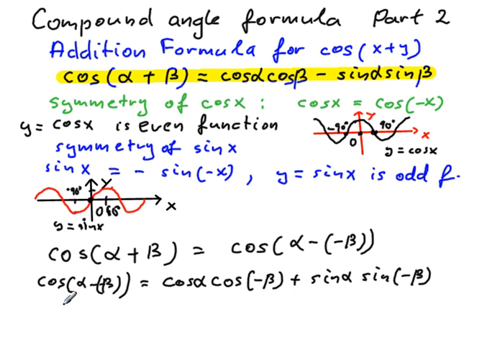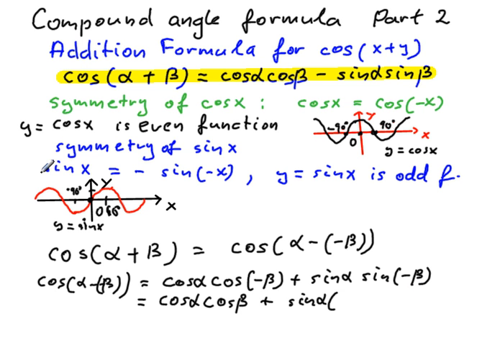Okay, so the next step: cos of a negative value is equal to cos of the positive value, so we can replace cos negative beta with cos beta. So cos alpha stays like so, times cos beta, plus we can copy sine alpha, and now sine of negative beta.